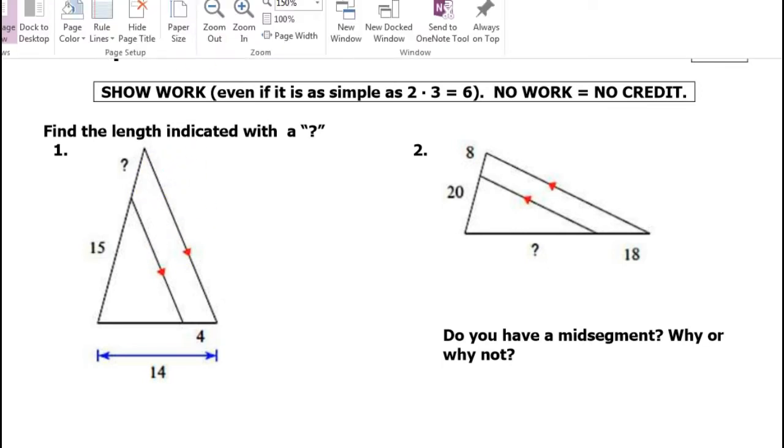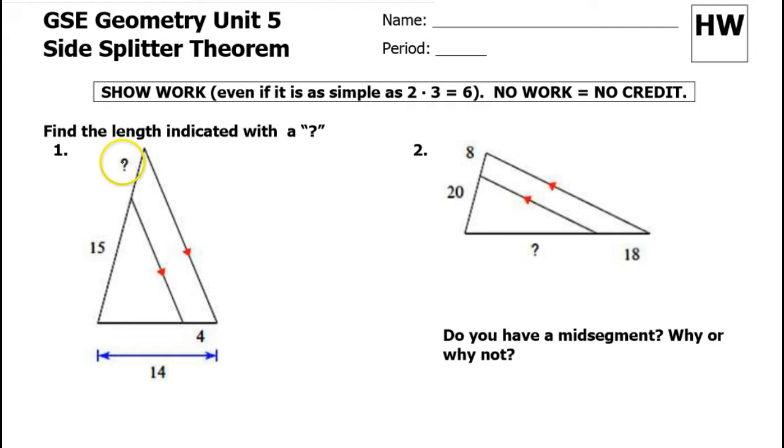So on this particular problem, we're supposed to find this question mark. I'm going to go ahead and call it x. So I've got the 15 and I've got the x. Now, on this side, I'm going to also need two expressions. So this is 4. This little piece right here is 4. What about the other piece?